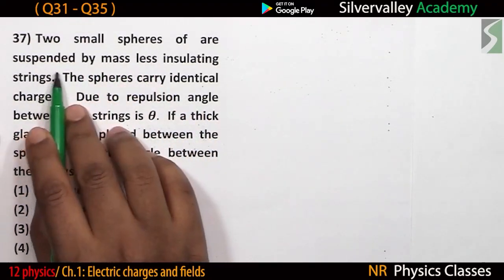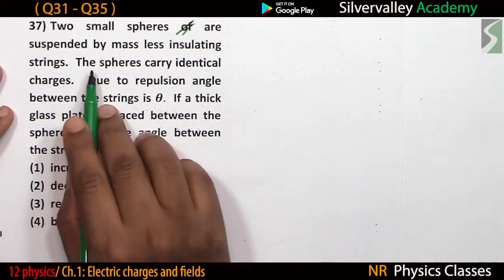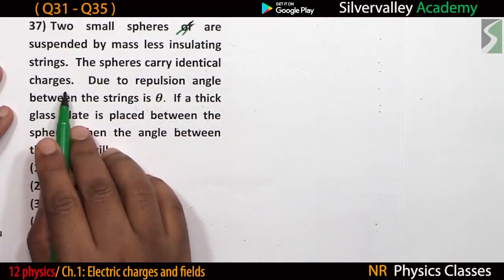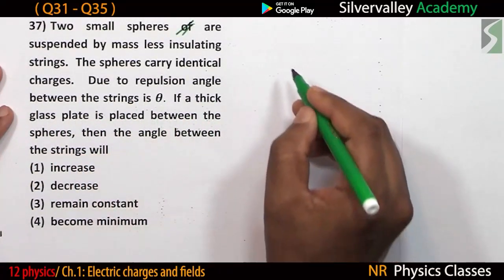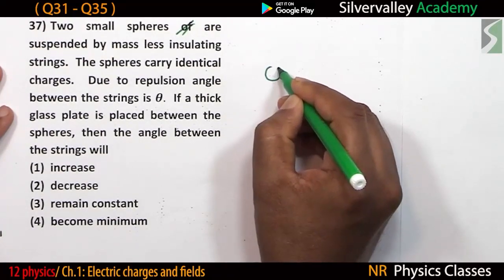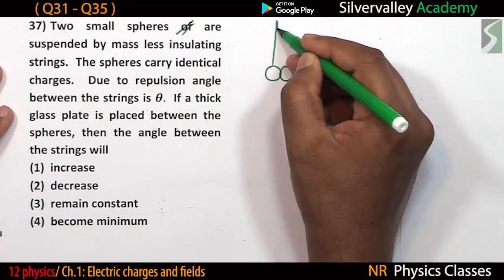Two small spheres are suspended by massless insulating strings. The spheres carry identical charges. Due to repulsion, the angle between the strings is theta. These two are the spheres and these two are the strings.